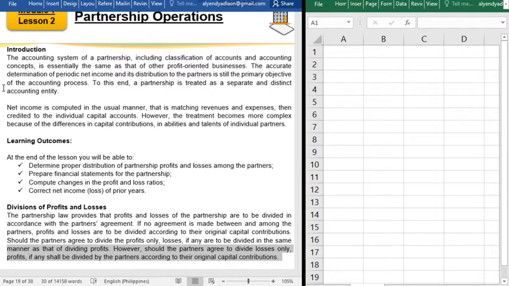If there is only a specification as to the loss ratio but no profit ratio, then we will have to follow the original capital contributions.